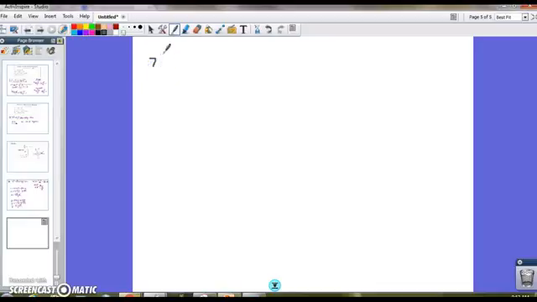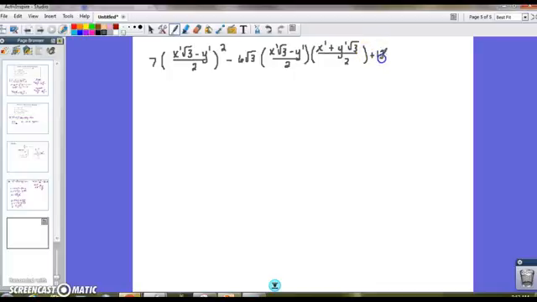I have 7 times x squared, so that was x prime root 3 minus y prime, over 2, squared, minus 6 root 3 times x prime root 3 minus y prime over 2 times y, x prime plus y prime root 3 over 2, plus 13y squared, which is x prime plus y prime root 3 over 2, squared, minus 16 equals 0. So all I've done is substituted in for x and y.